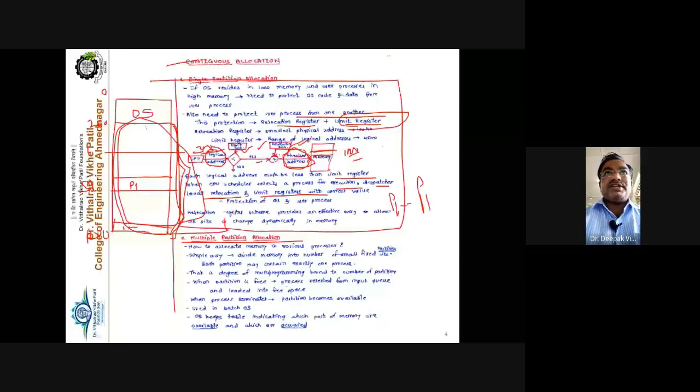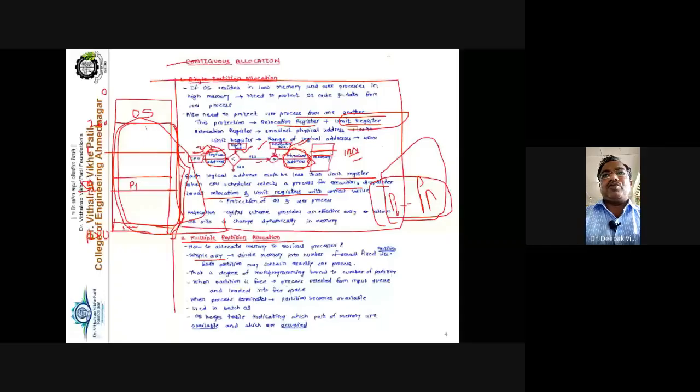Then single partition allocation may not be effective, because the MMU is not able to generate all the physical addresses for processes P1 to Pn. So the simple way is multiple partition allocation.